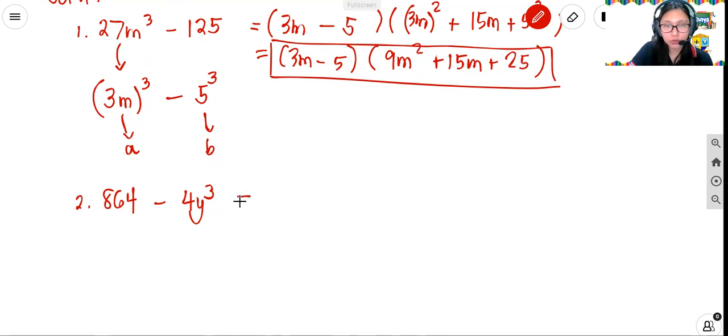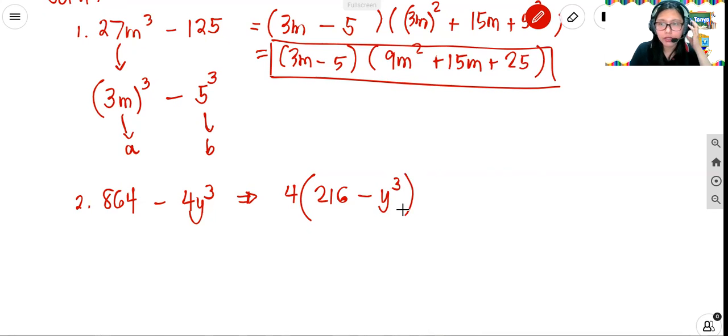So what you need to do here first is apply the common monomial first. So I'll factor out 4, and then I will divide 864 by 4. When we divide 864 by 4, we get 216. So I'll put here 216. And then 4y cubed divided by 4, that gives us y cubed.